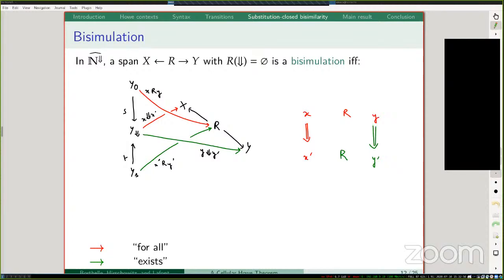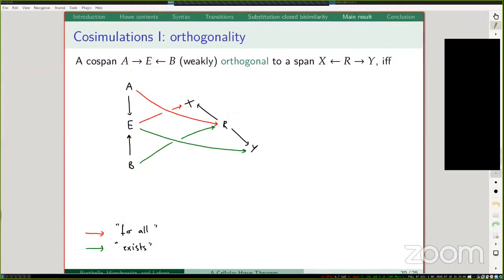And that's saying that R is a simulation from X to Y. And co-simulations are obtained by a kind of orthogonality or duality. So we decree that a co-span, like A E B here, is a co-simulation when it satisfies exactly the same lifting property with respect to all simulations R. Right, so in 2 minutes, that's all I can say about the paper.